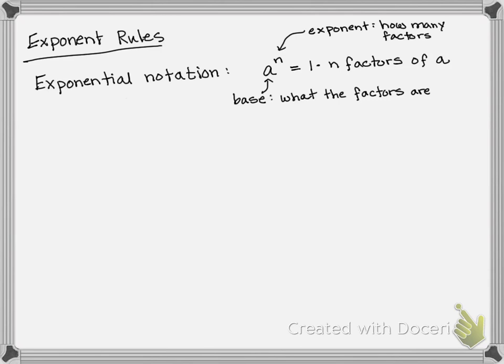Just like when we are simplifying fractions, if we cancel everything, we end up with 1, not 0, because something divided by itself is 1, right? So there's always that factor of 1 when we're dealing with multiplication and division.